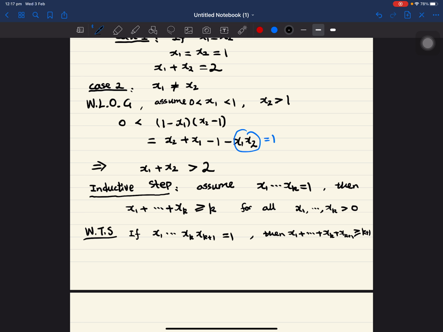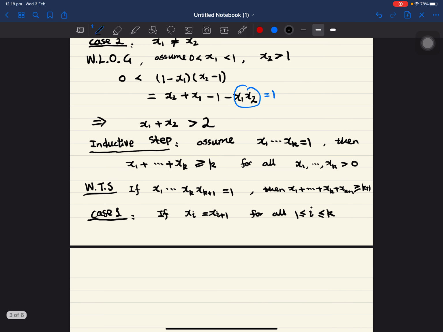Okay, so once again we separate into two cases. Case 1, if xi equal to xj for all i, j between 1 and k plus 1, that means x1 equal to x2, equal to x3, all the way to x(k+1).